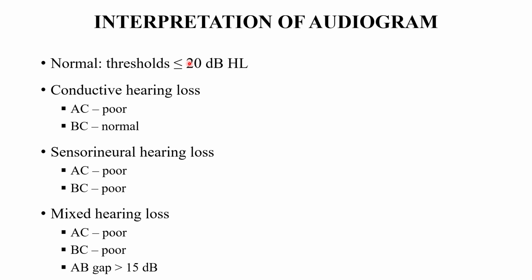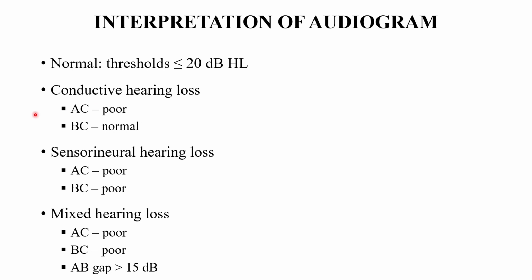So if air conduction is in the normal range, bone conduction will always be normal. But in cases of conductive hearing loss, air conduction will be poor, but bone conduction will be normal. In sensorineural hearing loss, both air conduction and bone conduction will be poor. And in mixed hearing loss, again both will be poor, showing there is a sensorineural element, and the air-bone gap, which should be equal to or greater than 15 decibel, is one point in detection of the conductive hearing loss on the audiogram.